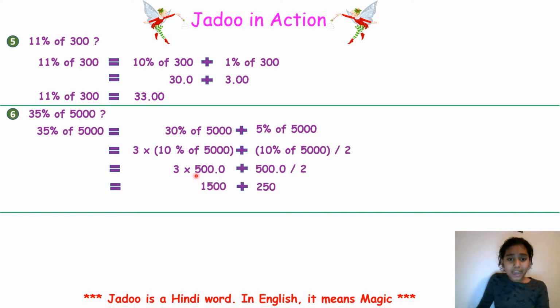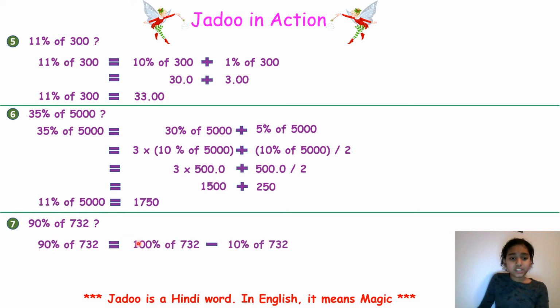When you multiply this, you'll get 1500, and when you divide this, you'll get 250. After that, you add those numbers and then you will get 1750.